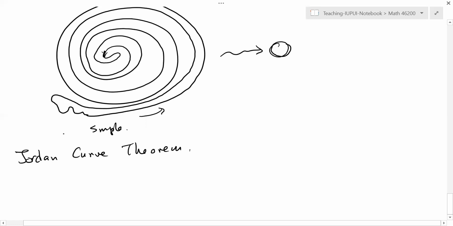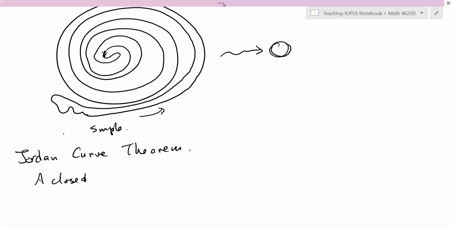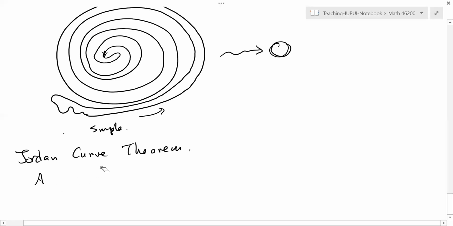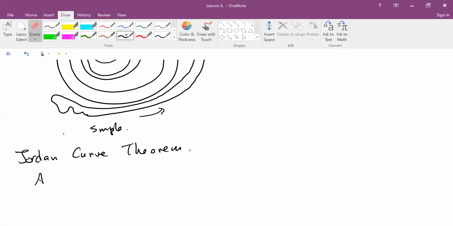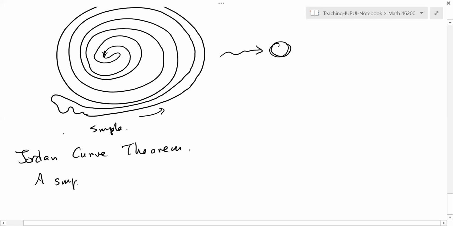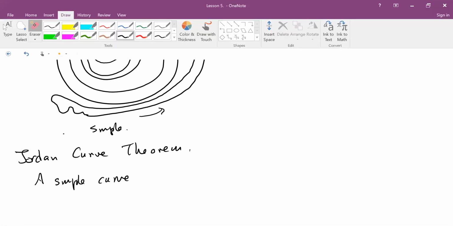One is called the interior region, the other one is called the exterior region. So a simple closed curve.